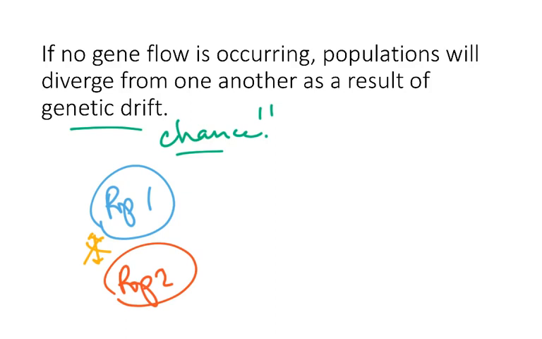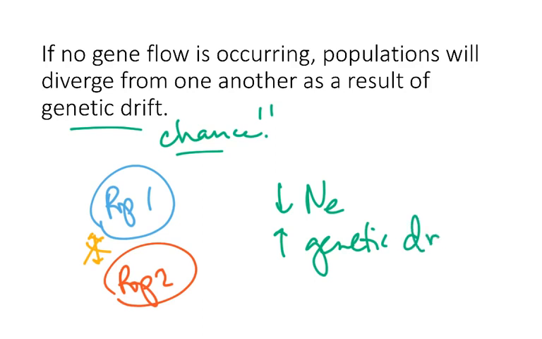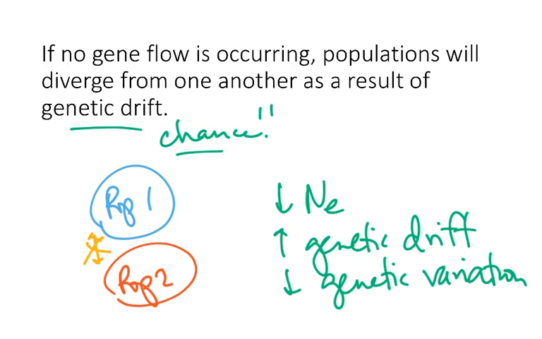What's going to happen is these isolated populations overall are going to have a lower effective population size. They're going to have a higher effect of genetic drift, and they're going to have lower genetic variation. And that again is because if you do have gene flow happening, you're bringing in new individuals with new alleles and new genes.